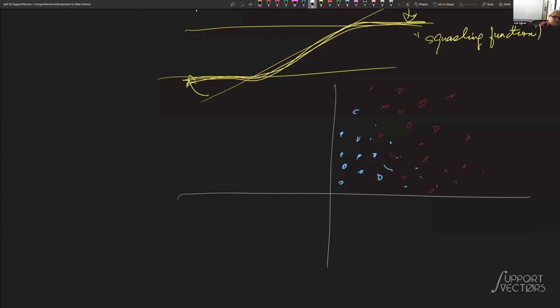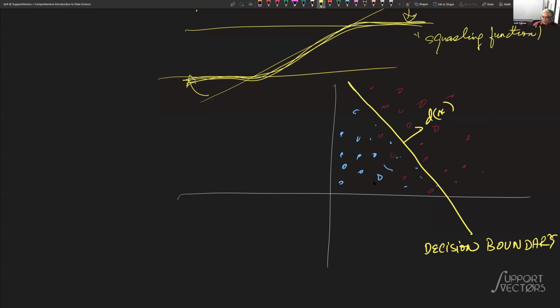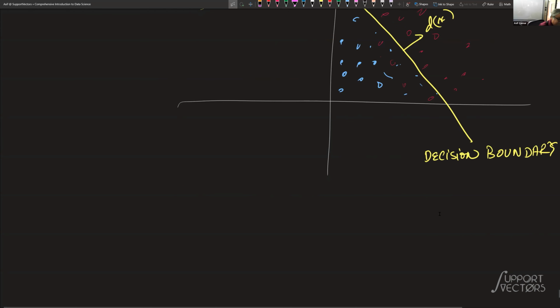You know that you want to draw a decision boundary, which you want to draw like this. This is your decision boundary. And so there is a distance function d(x), and based on the distance function, there is a probability function, which basically says the probability of x being a cherry.